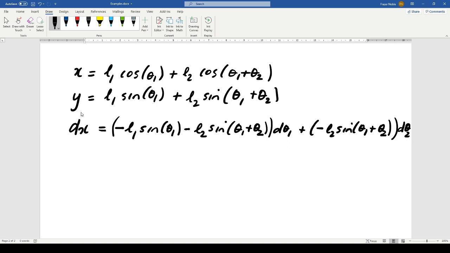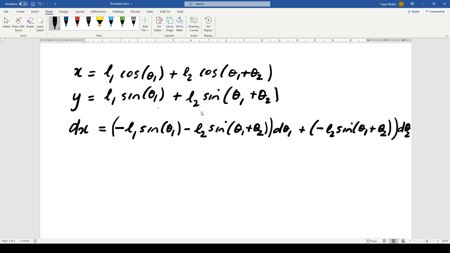So now if we want to work out what the differential of y is, then we differentiate this equation with respect to theta 1, and that result is all times the differential theta 1, and then we differentiate it with respect to theta 2, and that result will be all times the differential theta 2 added together.